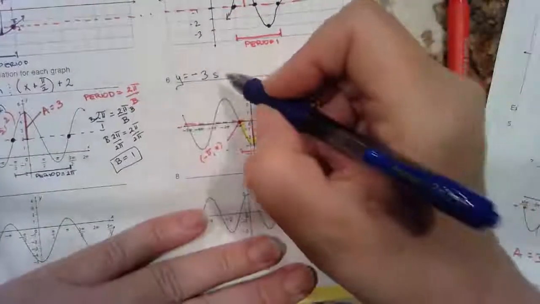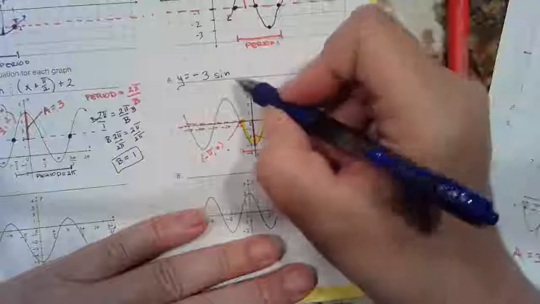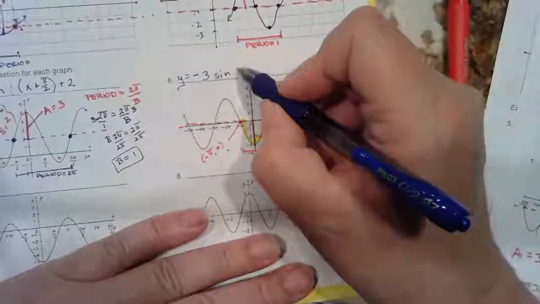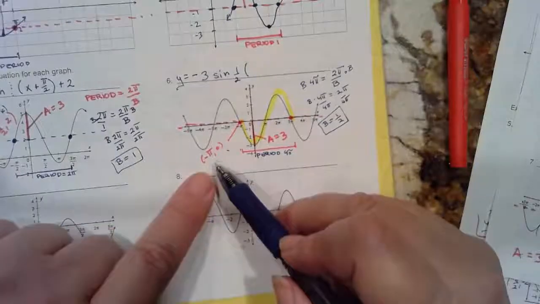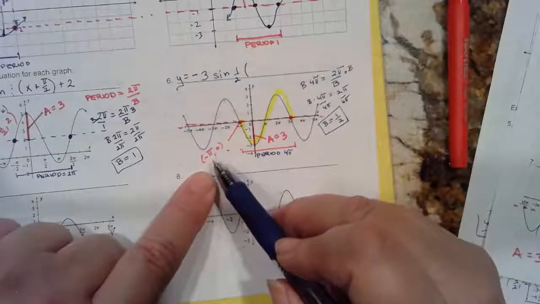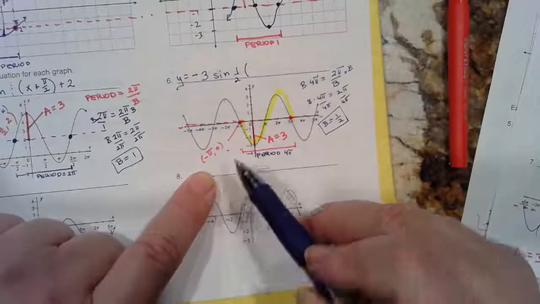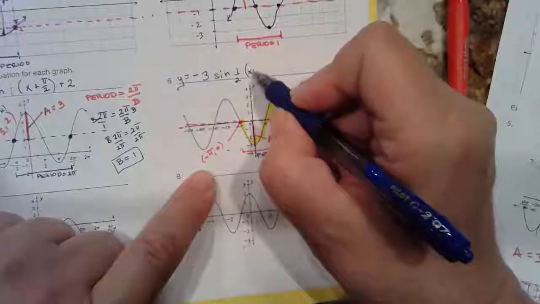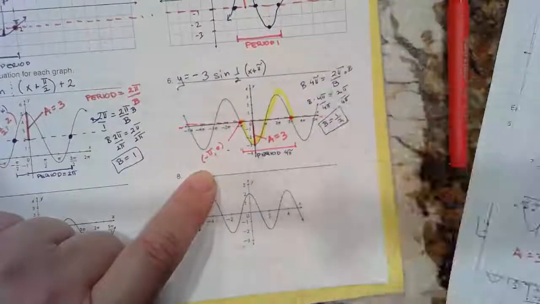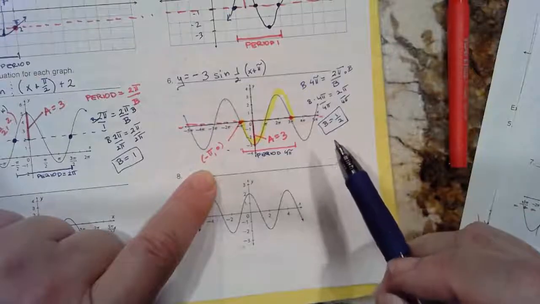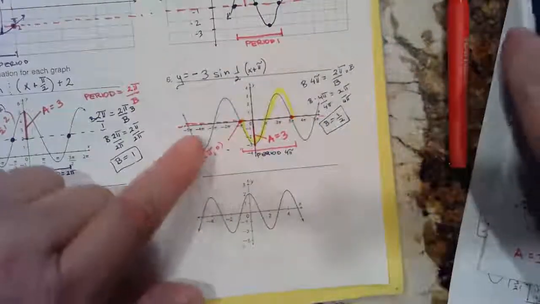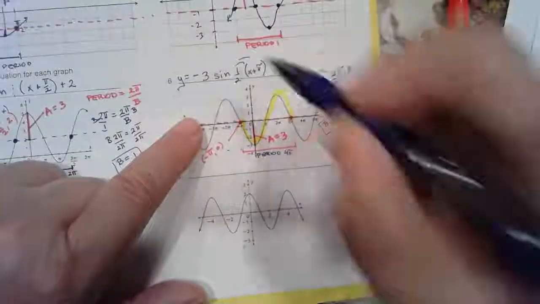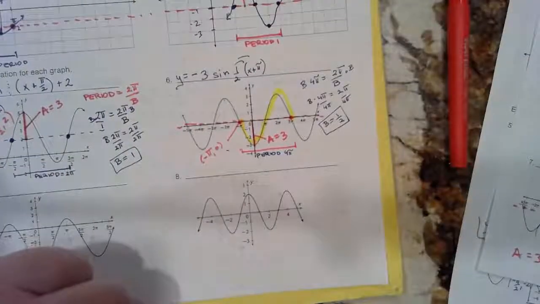So negative 3 sine, it's going to be 1/2 x, this is minus pi, so it's going to be 1/2 x plus pi, right? And k is 0, so I don't have to write k. So the last thing you have to do before your answer is distribute this to everything.